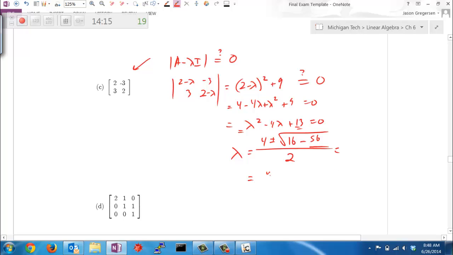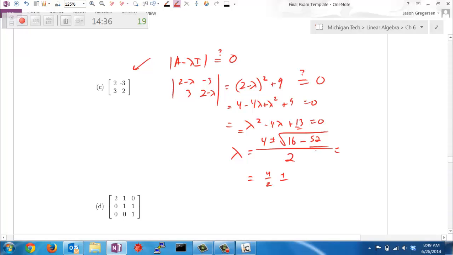All right, so now I have 4 halves plus or minus the square root of 16 minus 52. That should give me negative 36 under the radical. Yes, thank you. That's what I want.